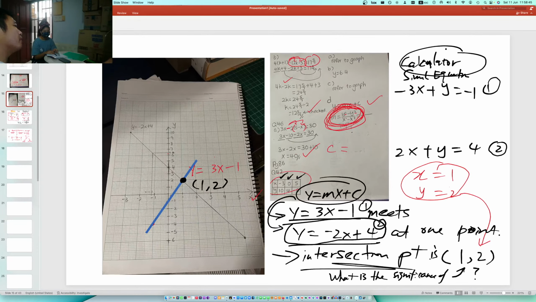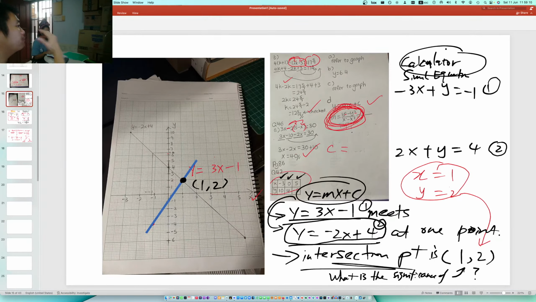I keep asking you, what have you done after getting these two equations in this simultaneous equation format? You punch in the -3, 1 and -1 and 2, 1 and 4 into the calculator, right? So what you had done just now is you just use the calculator to solve for the x and the y.